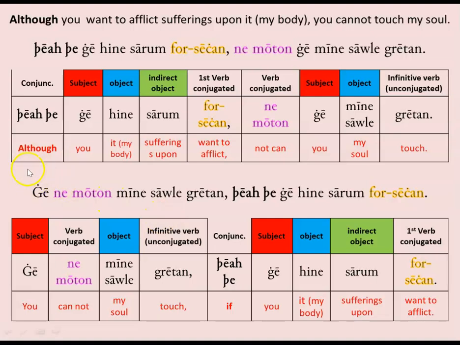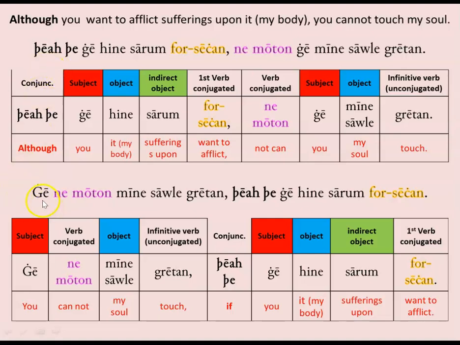Okay, so what we want to do now is, how about we write that in the more usual form? You cannot touch my soul, comma, although you want to inflict sufferings upon it, my body.